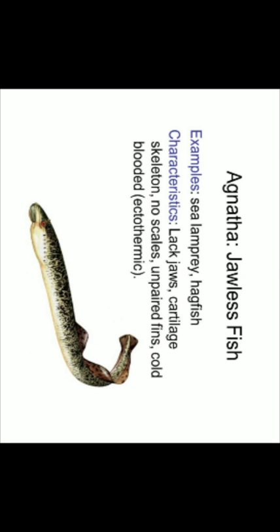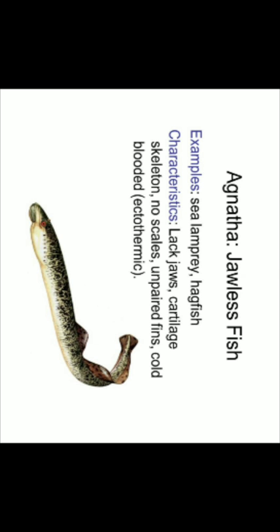In the next class we'll study Gnathostomata in detail. Here, very briefly, is an animal which appears fish-like, Petromyzon, but is a jawless fish. Sea lamprey or hagfish; the diagram shown is of Petromyzon, which doesn't have jaws.